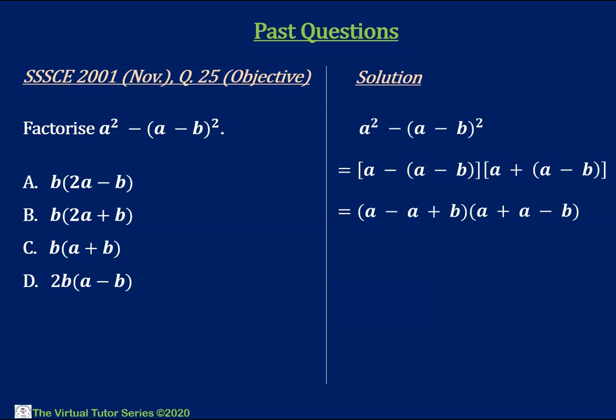Now, a gets rid of negative a, and a plus a is 2a. So we have b into bracket 2a minus b, bracket closed. Therefore, the correct answer is option A.